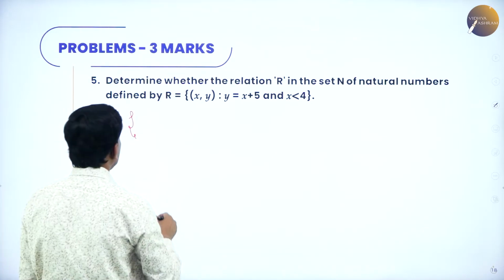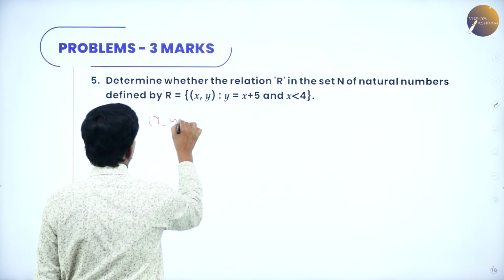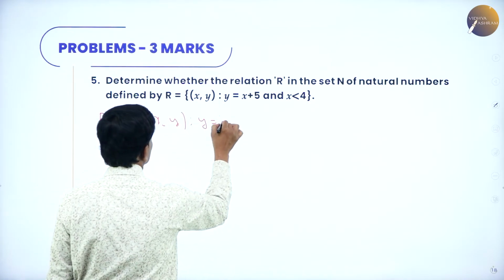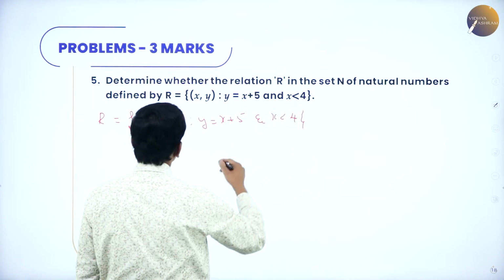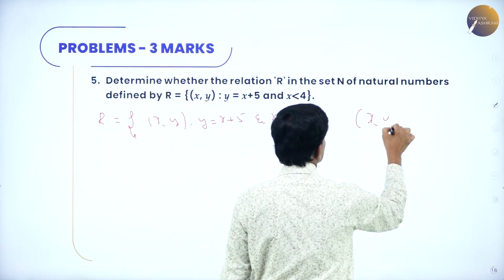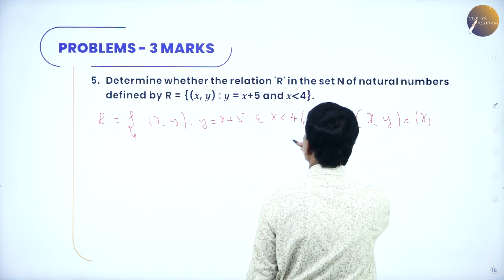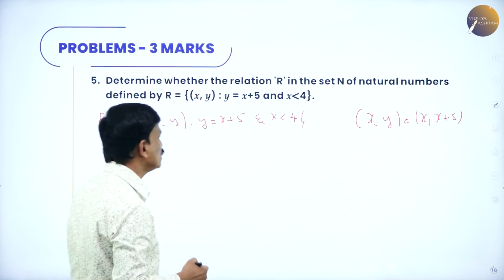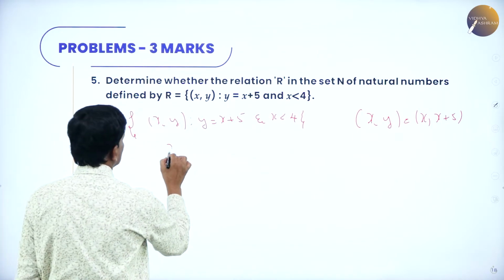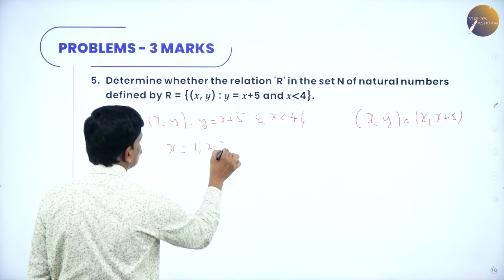What is given? R is equal to x comma y such that y is equal to x plus 5 and x is less than 4. That means here x comma y is nothing but x comma x plus 5. And the elements of x can be taken as 1, 2 and 3.